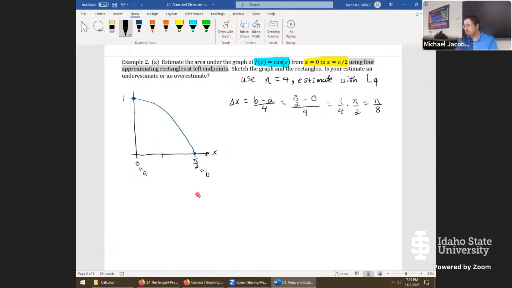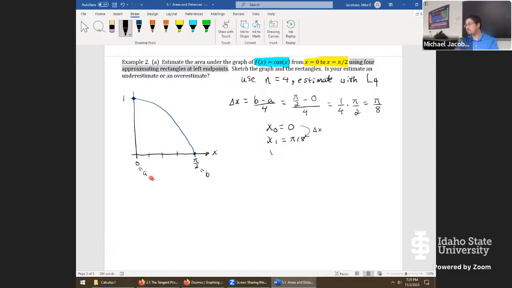So let's build this up. There's going to be cuts that go about like that. The first one is x naught, which is referring to a, which is 0. So that's our first point. Next one is x1, and all we do here is we just add delta x to get to the next point.